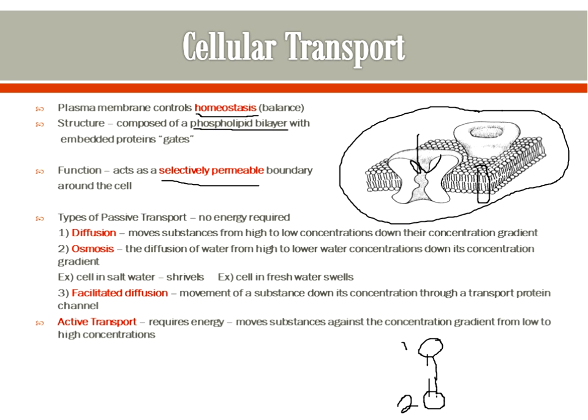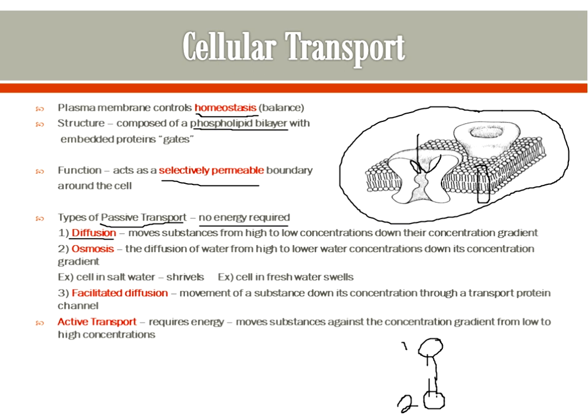Now there are a couple different ways on how things can go in and out of the cell. First of all, there is passive transport. If it's passive, that means there's no energy needed. Think of the word passive. Very easy, so there's no energy required.